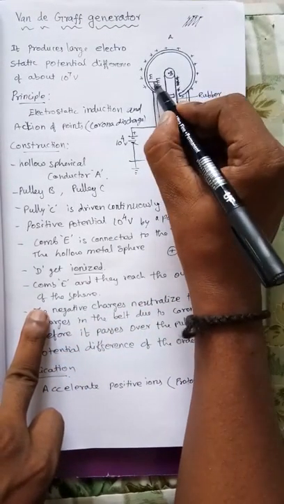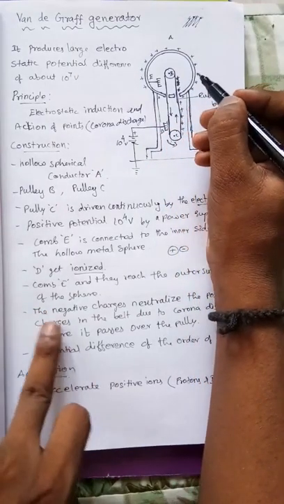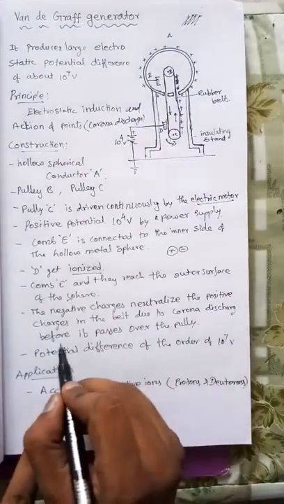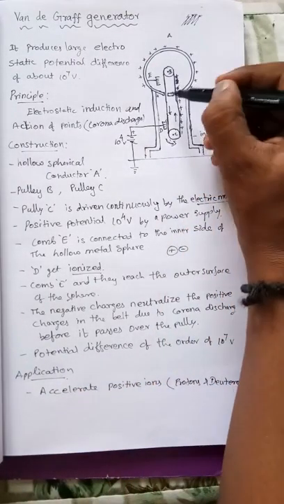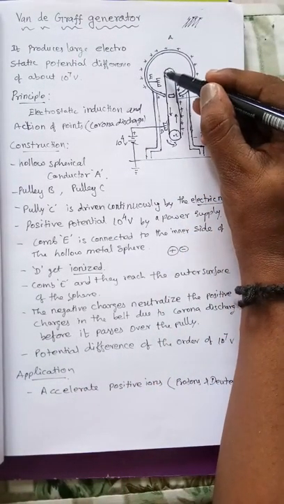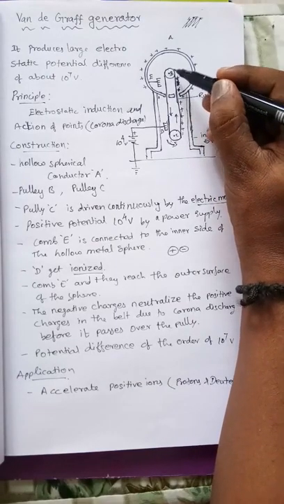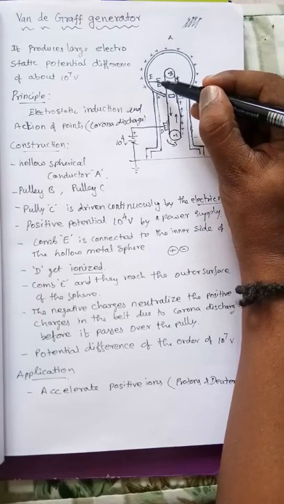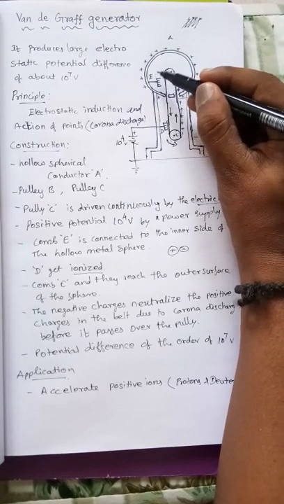In this comb, the negative charge neutralizes the positive charges in the belt due to corona discharge before it passes over the pulley. Positive charge on the belt is attracted by comb E and neutralized.